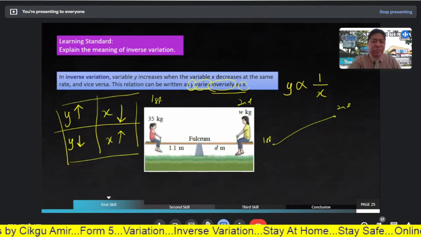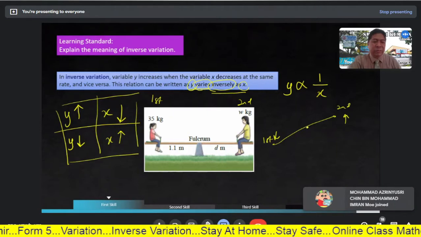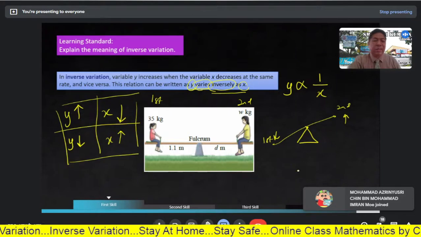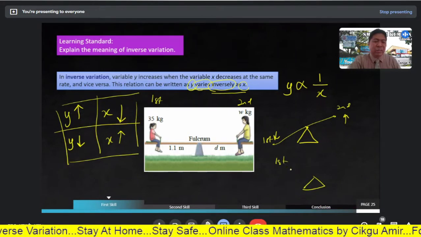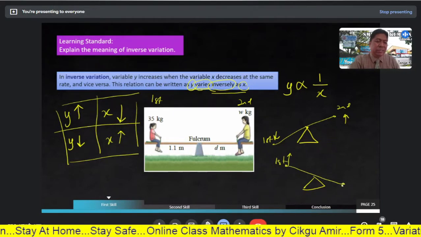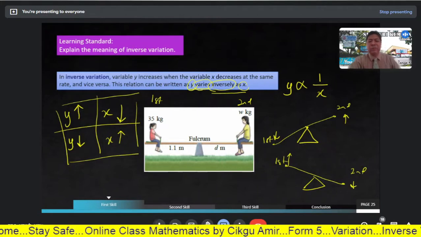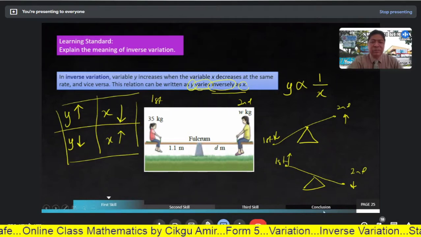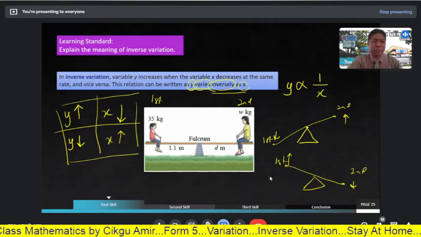The first one going down, the second one going up. This is a seesaw. And vice versa, if the first person goes up, then the second person on the seesaw goes low. This is an example to show inverse variation.